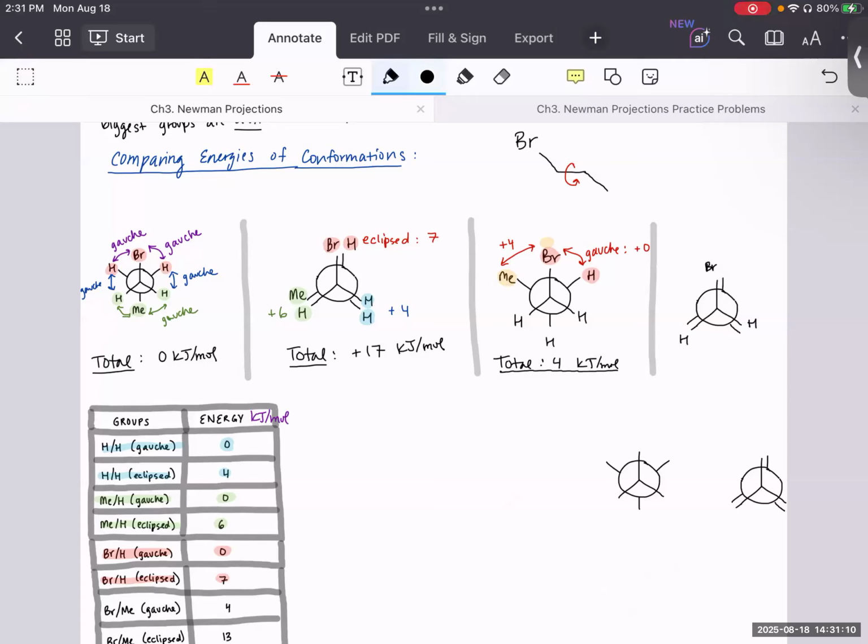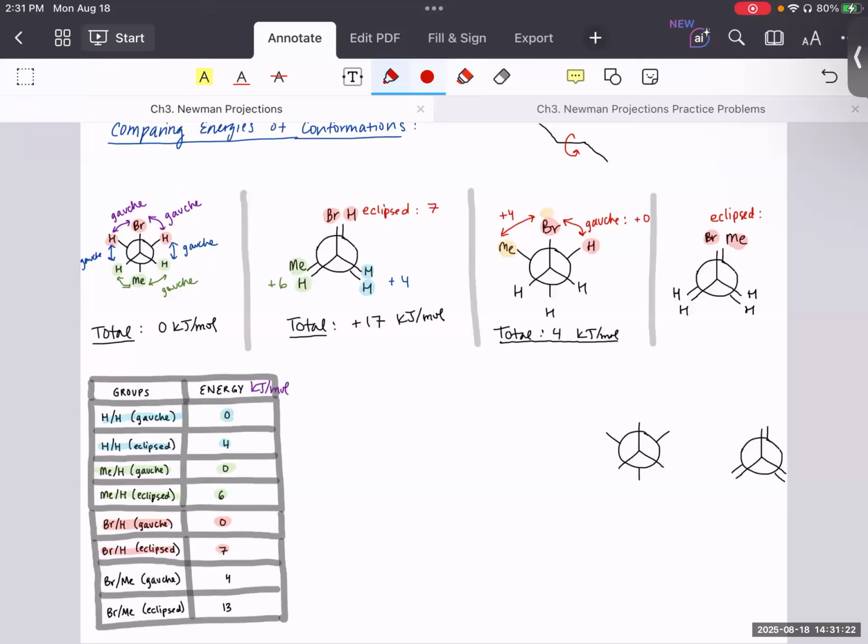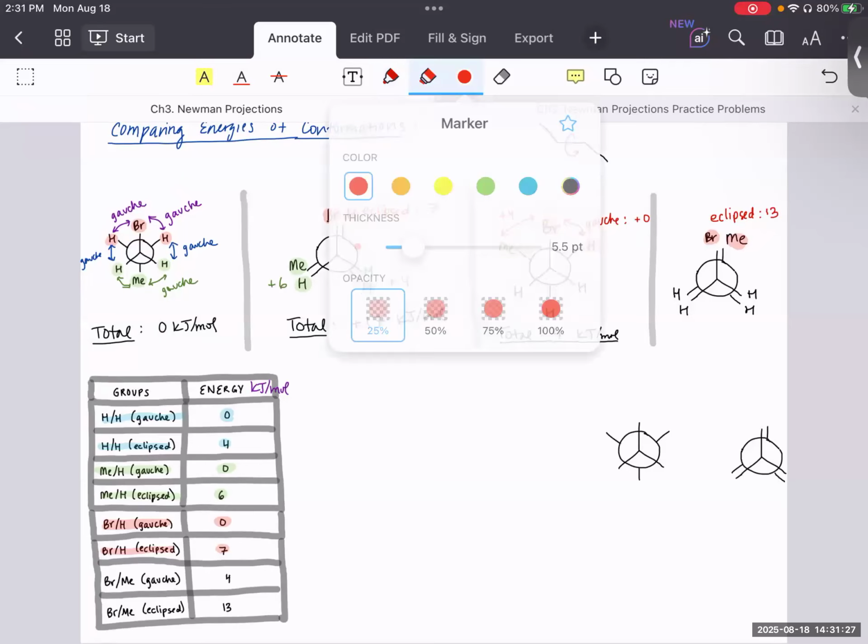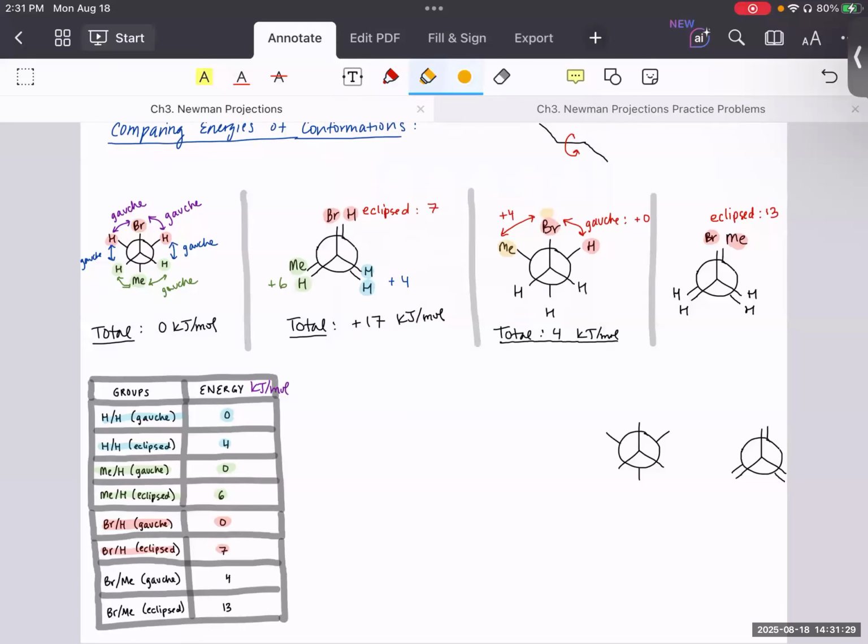All right, so in this state, we're going to end up with that bromine and the methyl directly on top of each other in an eclipsed state. And so based off this table, this is the highest energy contribution of 13. And then we also have those hydrogens here and here, and so those will end up being +4 each.